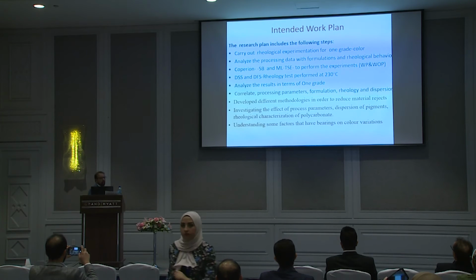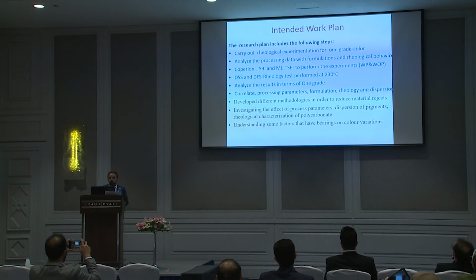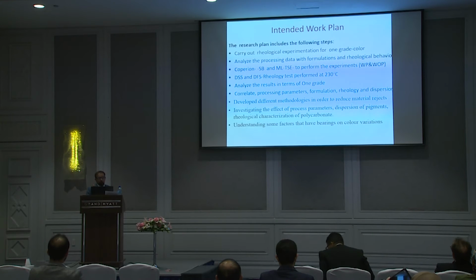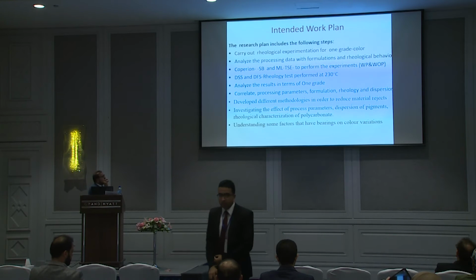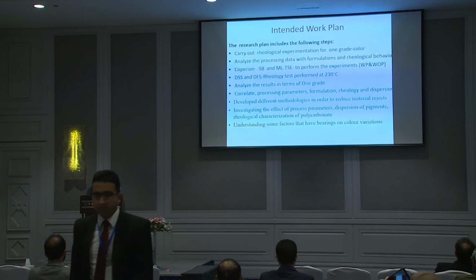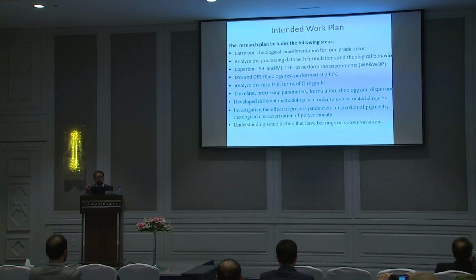So in our plan, we will carry out the rheological experimentation and analyze the processing data. We ran all the experimentation on two extruders, one at SABIC in Toronto, Canada, called the Coperion extruder. And I used another extruder at the University of Toronto, called the Minilab.